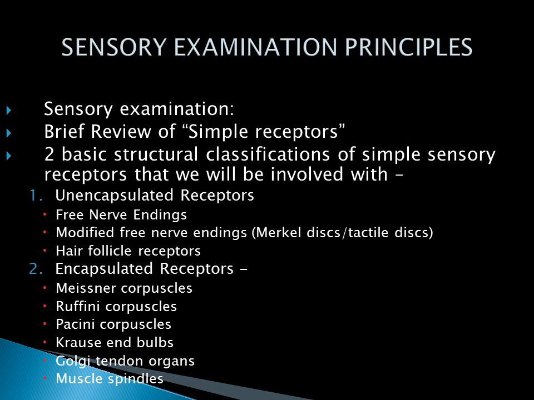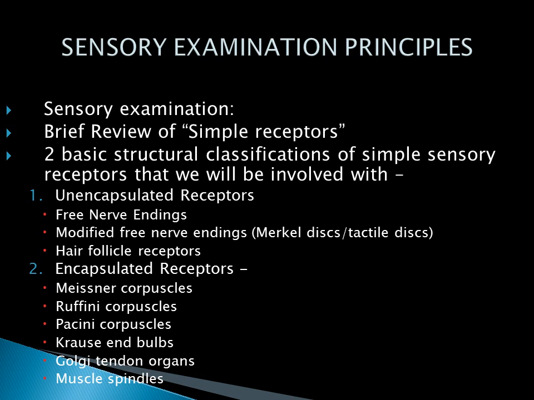Within this classification of simple sensory receptors, there are two basic subtypes that we'll be dealing with. The first are the exceedingly simple ones, meaning that they have receptor endings that are unencapsulated, consisting of free nerve endings, modified free nerve endings, and/or hair follicle receptors.